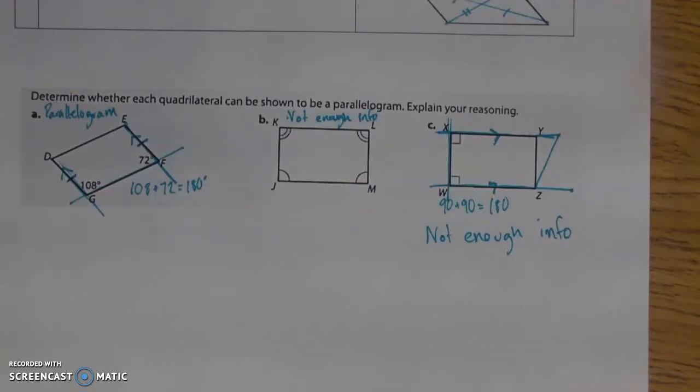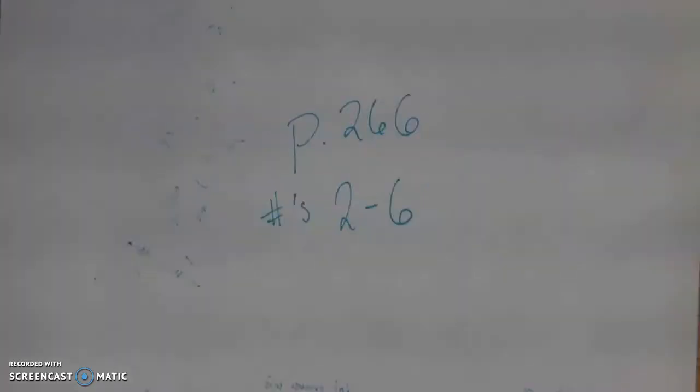What I would like you guys to do for homework is the following problems. Page 266, numbers 2 through 6 are all that I want you to do. Now, when you're looking at those ones, it will ask you to explain how you know, like state the theorem that justifies your answer.